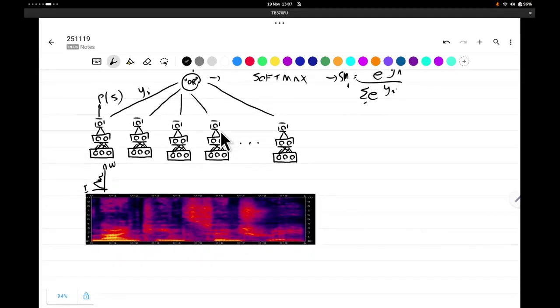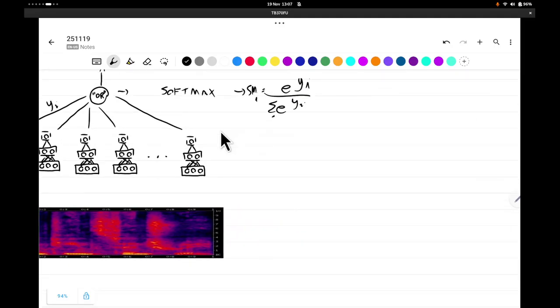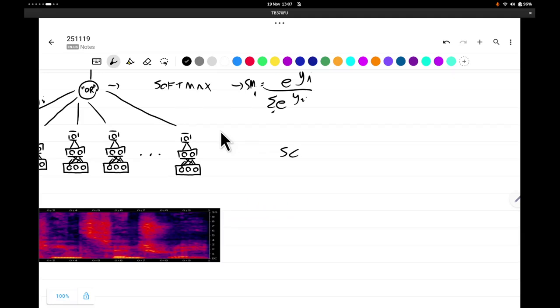I had some keywords here. So this would be called a scanning network.